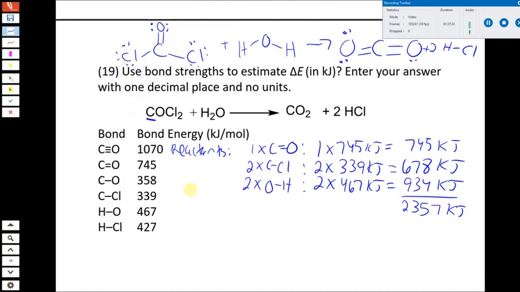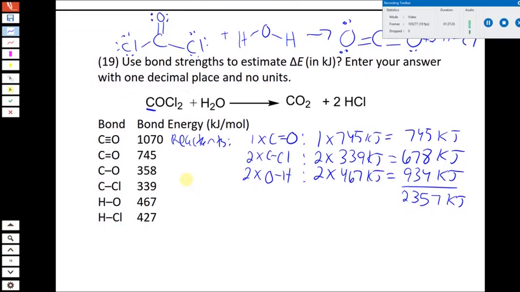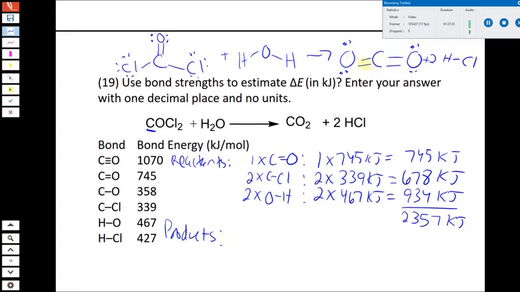Then we need to do the same thing for the product side, sum up all the bond energies for the products. So as we saw on the product side, we have carbon dioxide, which has now 2 carbon-oxygen double bonds. So we have to count the bonds individually, as I said. So 2 COs. And that's going to be that number here, 745.